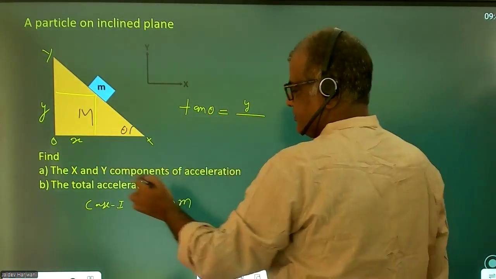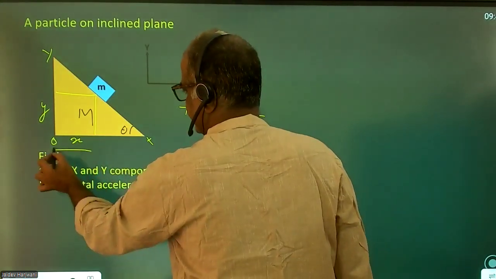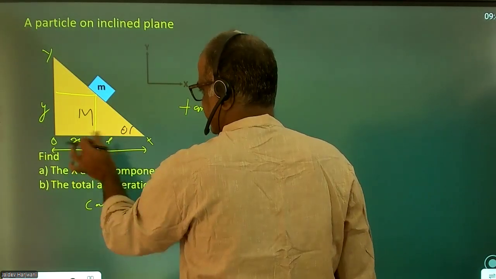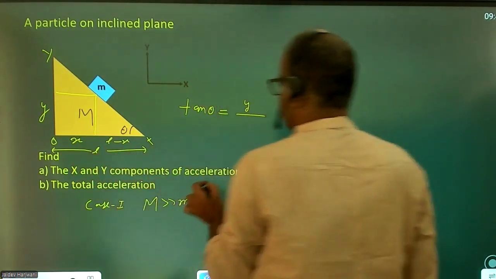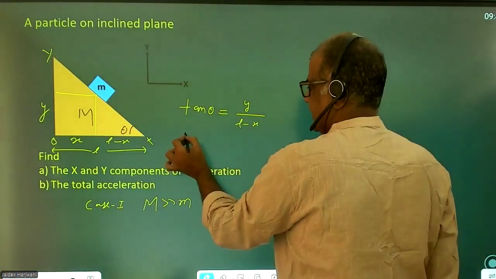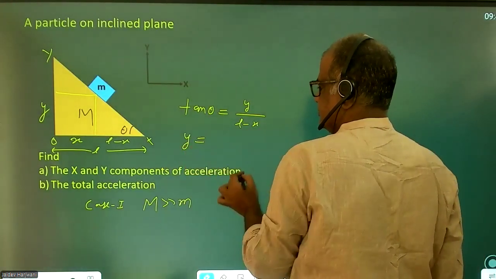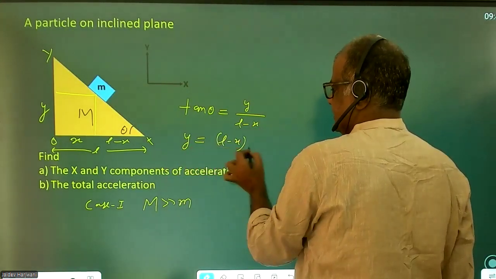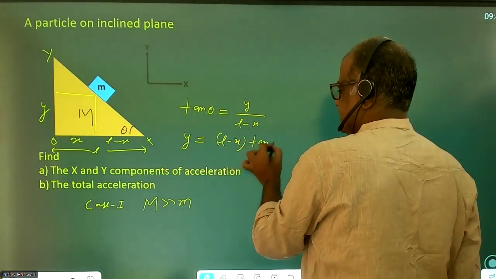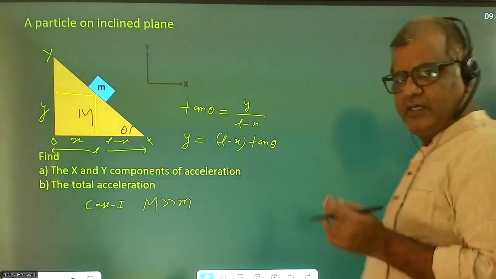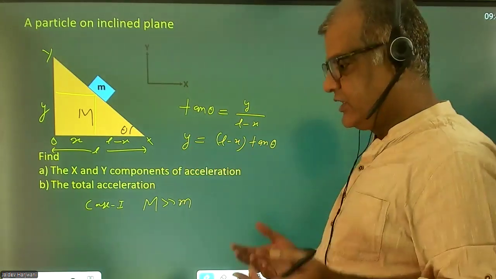Say this total length is L, so this distance is L minus x. So tan theta equals y upon L minus x. From here I get y equal to (L minus x) tan theta. So this will give me the constraint equation.